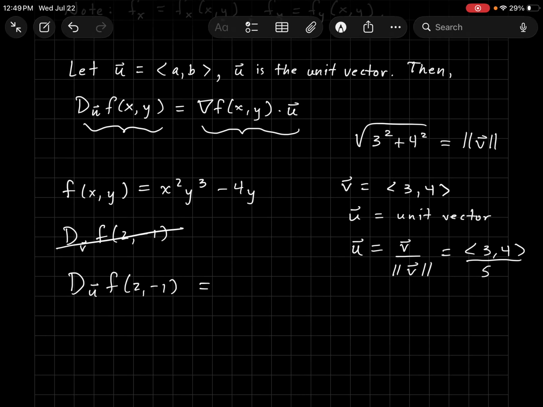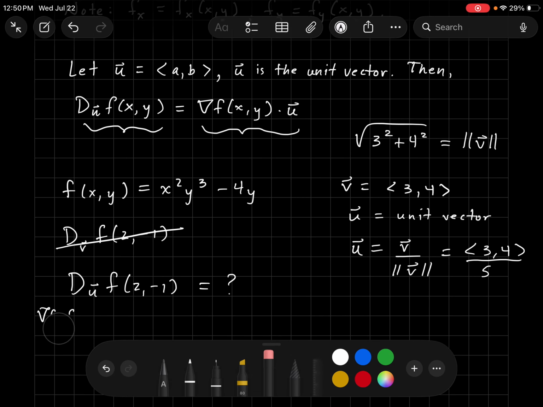So let's find this. We're going to start by finding our gradient. I'll put the gradient of f equals, actually let me give myself a little more space and write it well.